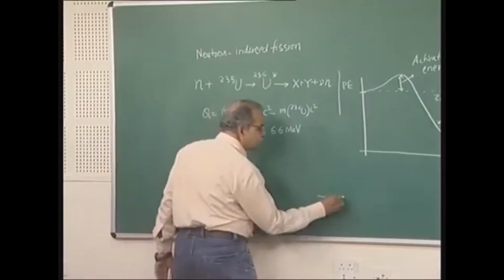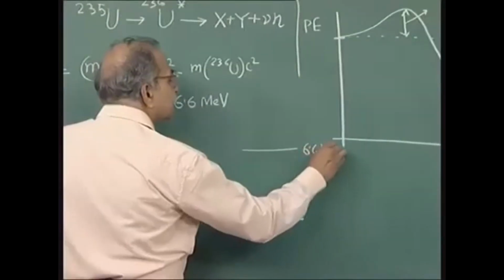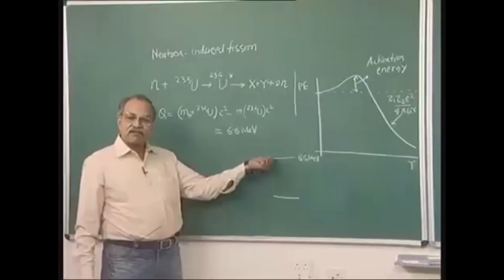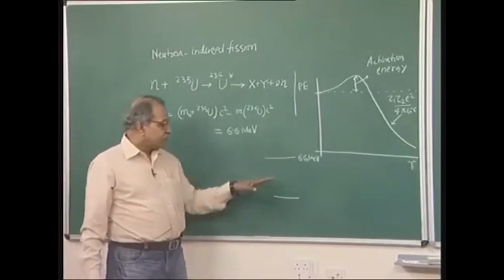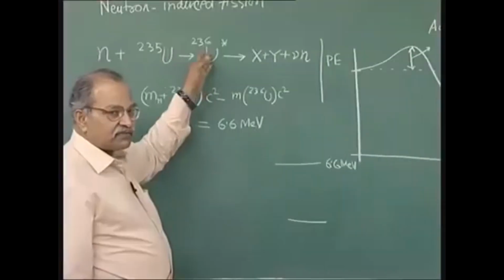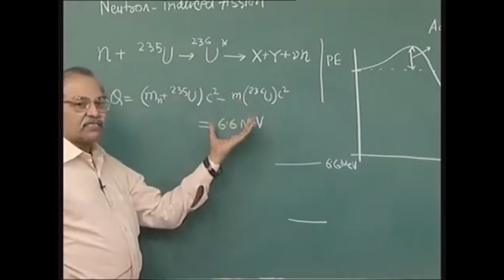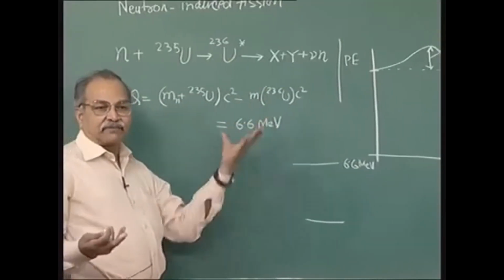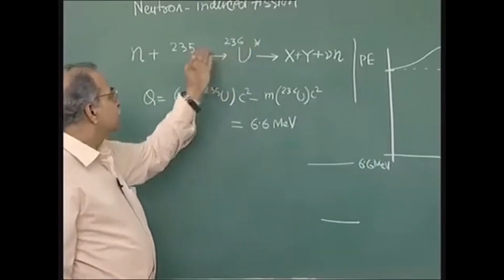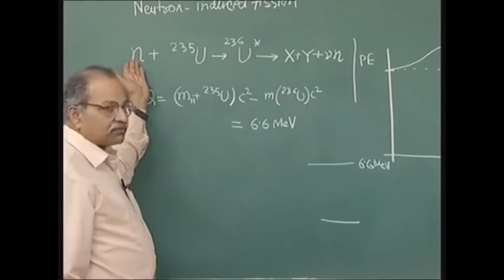Okay. So, here is the ground state, and here is, let us say, 6.6 MeV. It is not necessary that you write a particular level here, but let us say it is there. So, when uranium-236 is formed, because of this increase in binding energy, because of this reduction in rest mass, that much energy is there. Where does it go? It does not go into kinetic energy, because the neutron is being sent with almost zero energy.